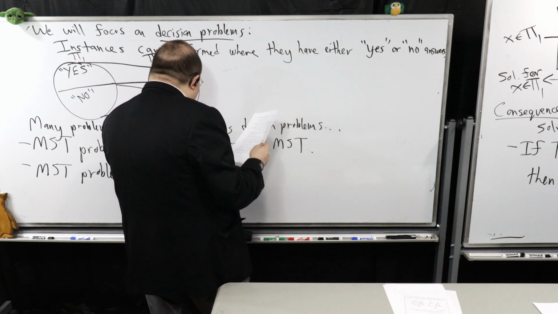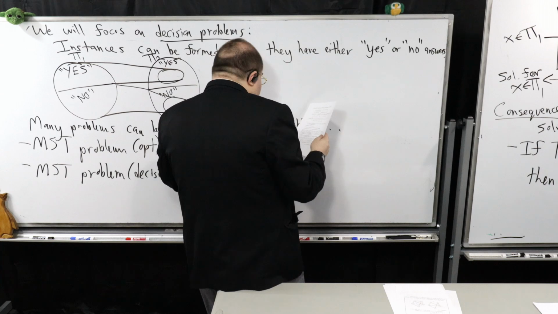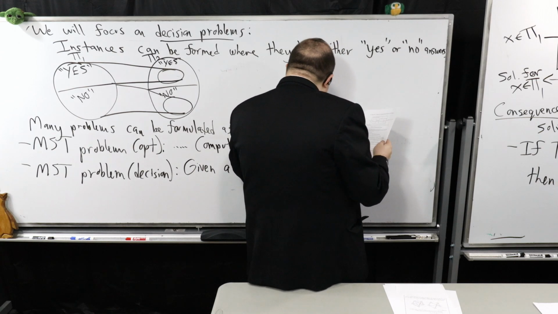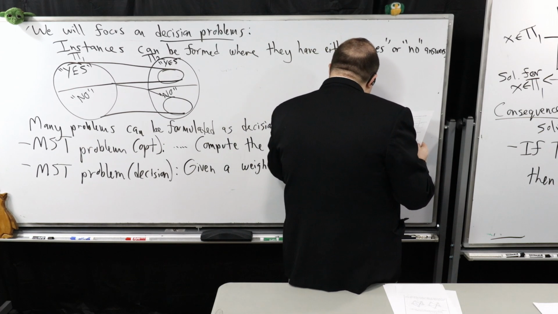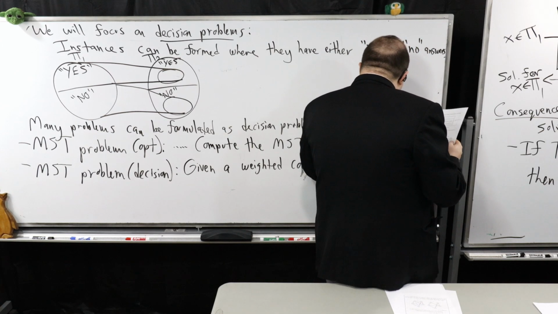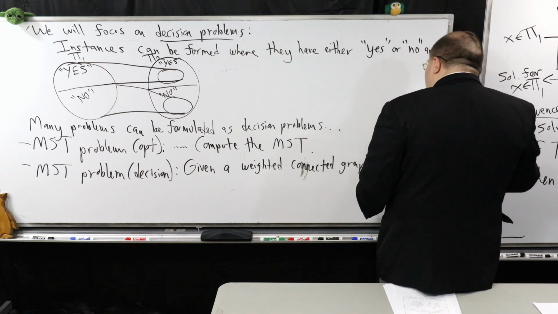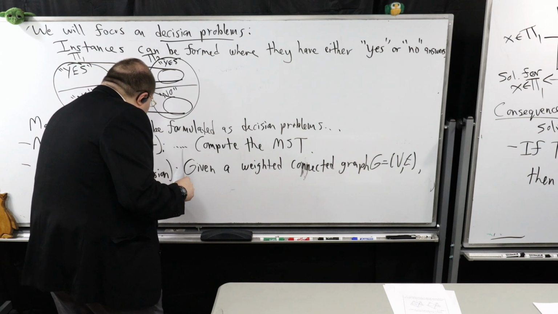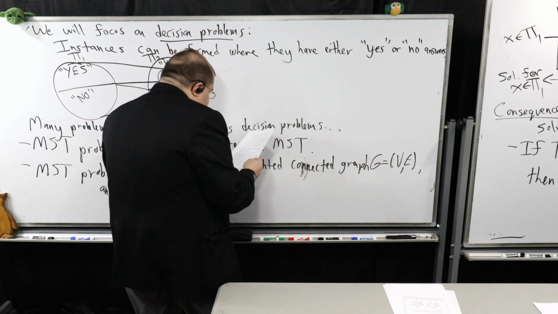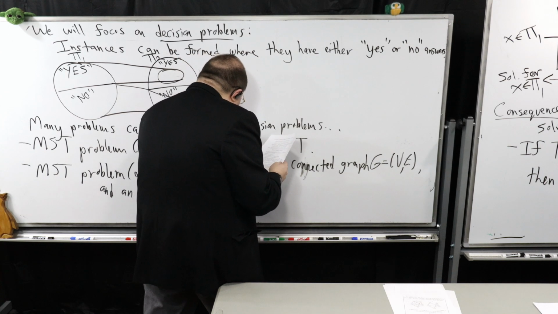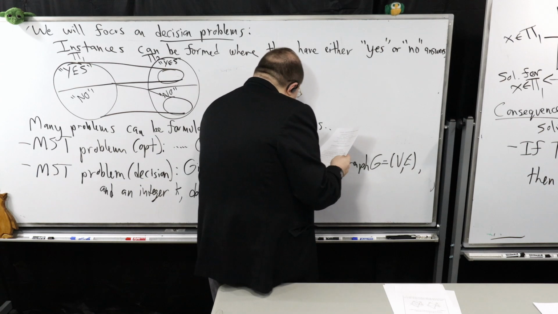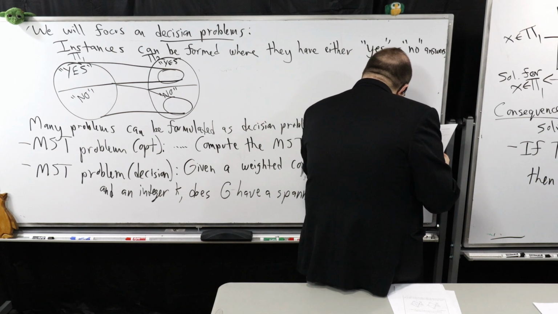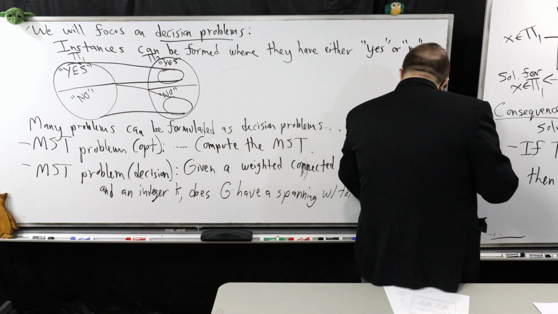here's how you could represent the same idea. Given a weighted connected graph G equals (V, E), and an integer K, does G have a spanning tree with total cost or total weight at most K?